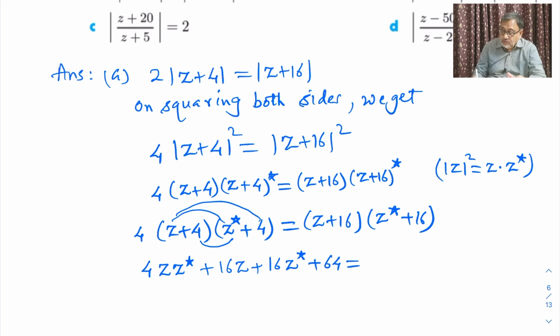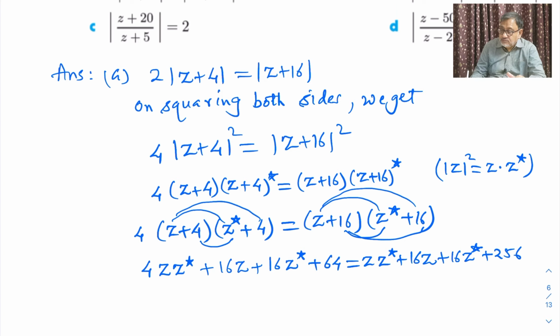Is equal to, now here also z into z conjugate. z into 16 will be 16z, then 16 into z conjugate will be 16z conjugate, and 16 into 16 is 256.